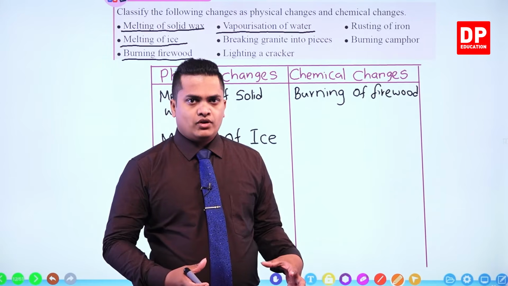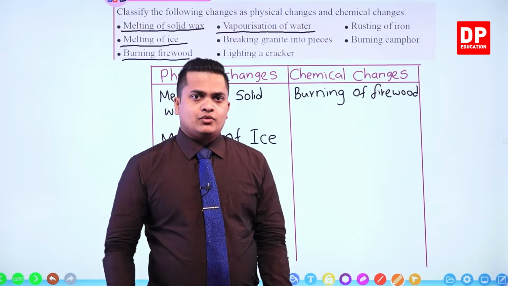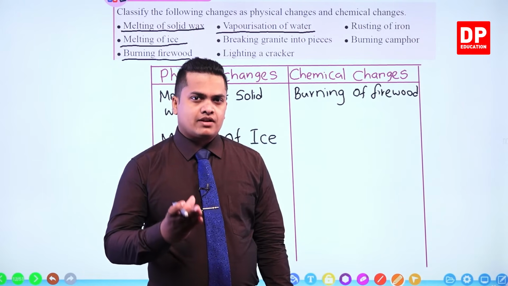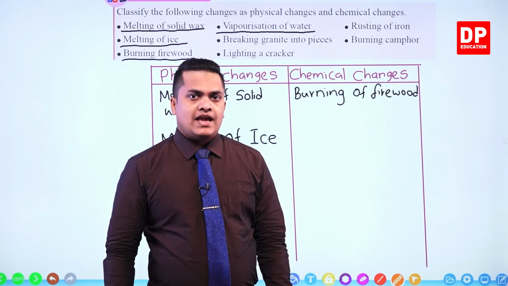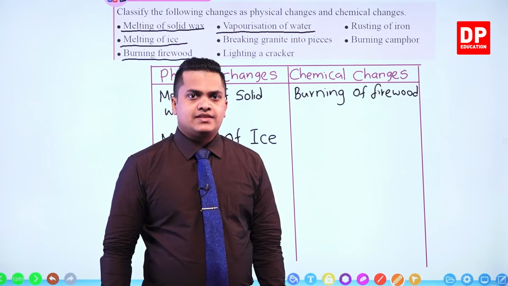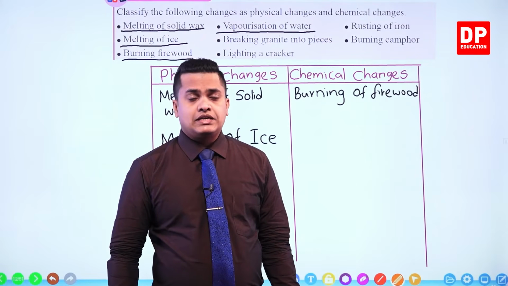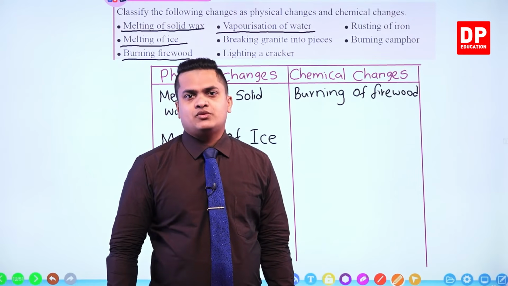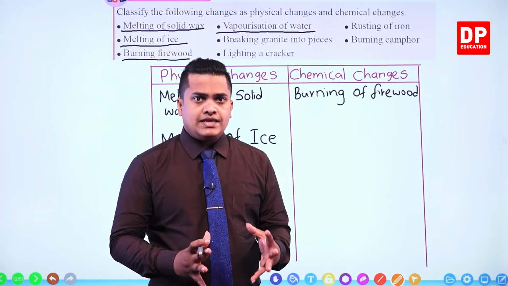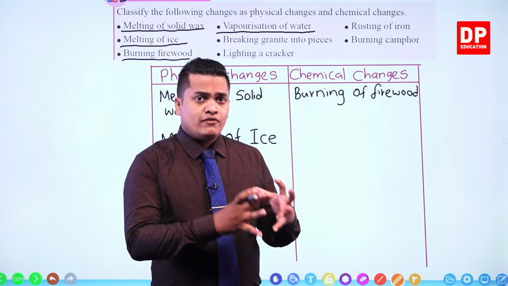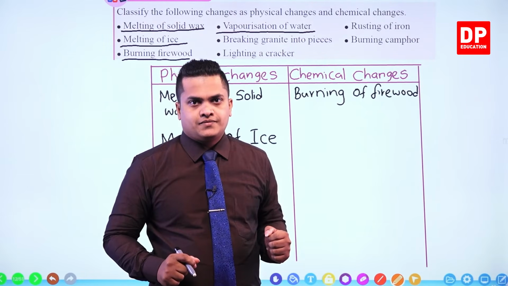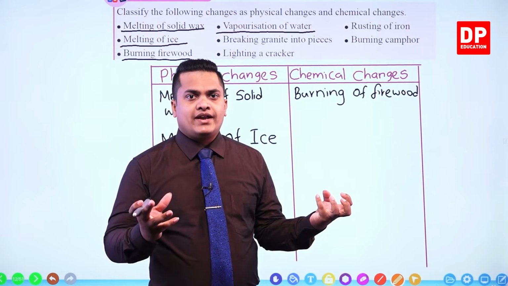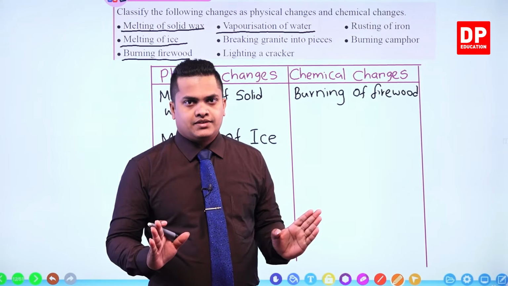Even though liquid water is getting changed into gaseous water vapor, the structure of the material remains the same. The arrangement of the particles remains the same. The composition of the material is the same. So therefore, there are no new substances getting created. Only their state is getting changed. Liquid is getting converted to a gas. That's it.